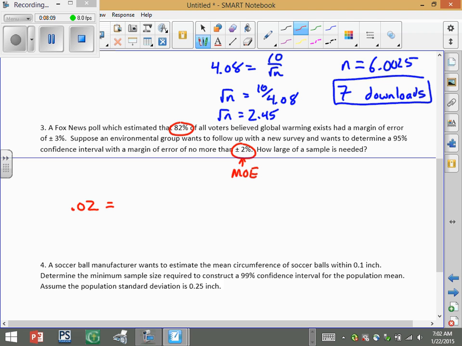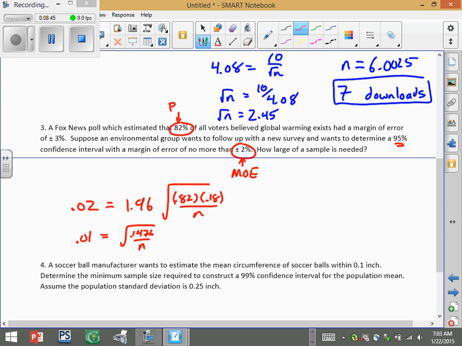So the margin of error, the critical value, 95% again, 1.96. And then since we have a P given to us, we've got 0.82 times 0.18 over n. So now it's just a matter of doing a little bit of work. 0.02 divided by 1.96, so we have 0.01 equals the square root. I'm just going to go ahead, 0.82 times 0.18 is 0.1476 over n.